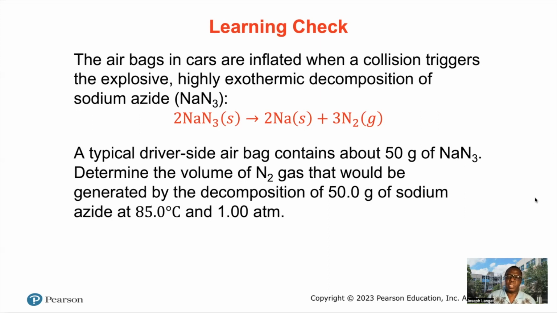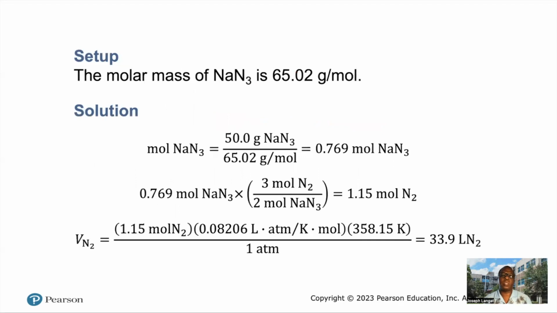What we have is the mass and the balanced equation. We change to moles, determining the moles of sodium azide as mass over molar mass. This is the number of moles of sodium azide in 50 grams. Then we find the amount of nitrogen using the stoichiometry in the balanced equation.